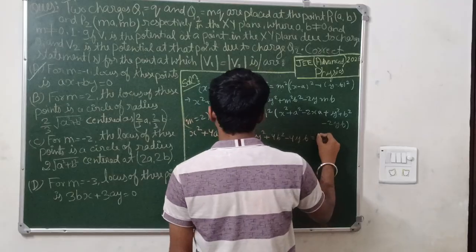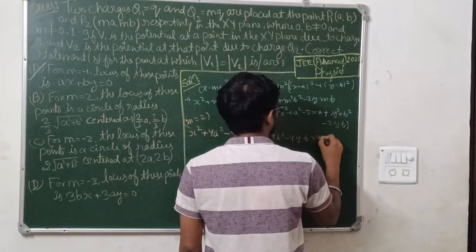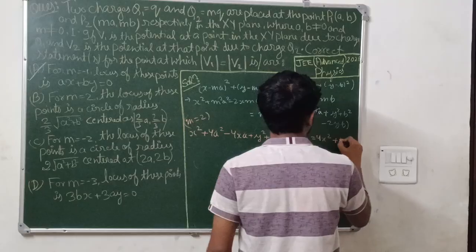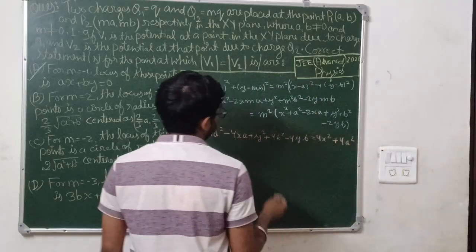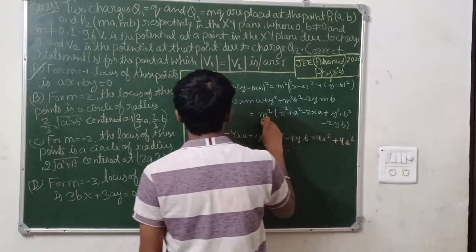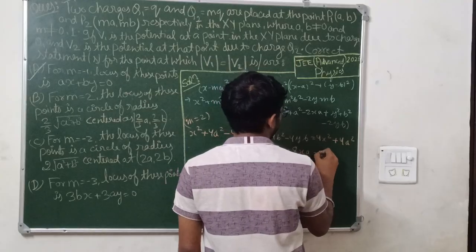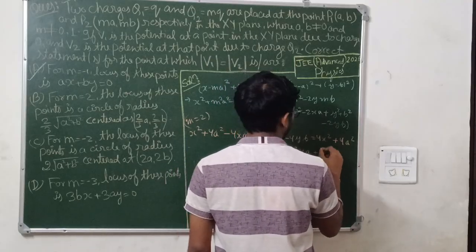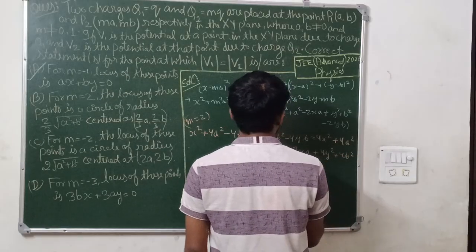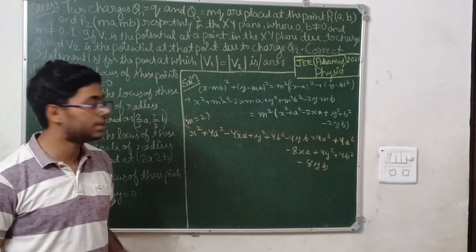So 4x square, and 4a square, and minus of m square, which is 4. So 8xa plus 4y square plus 4b square minus 8yb. This is the simplified equation.